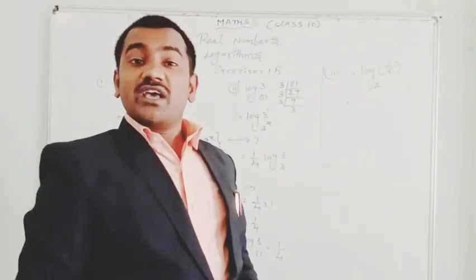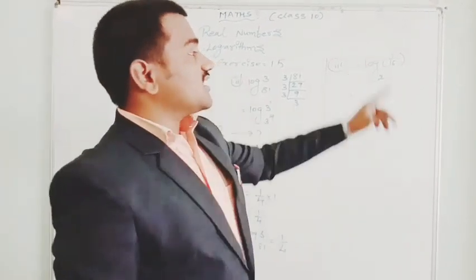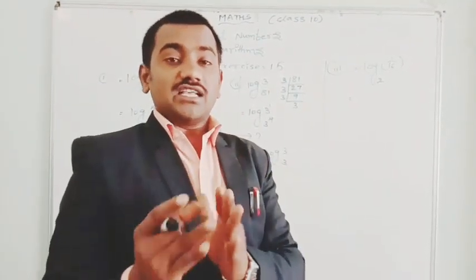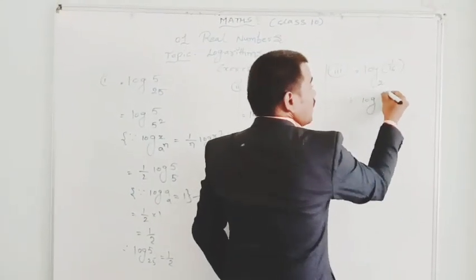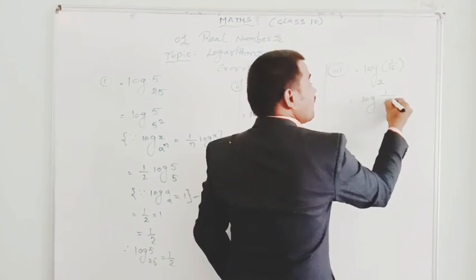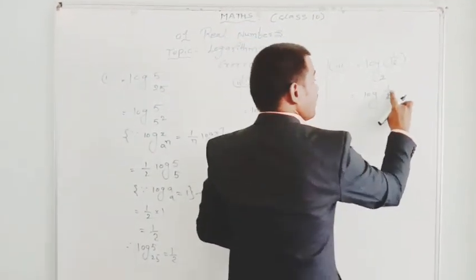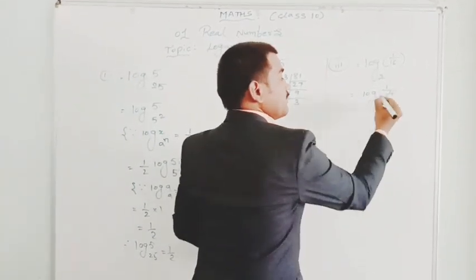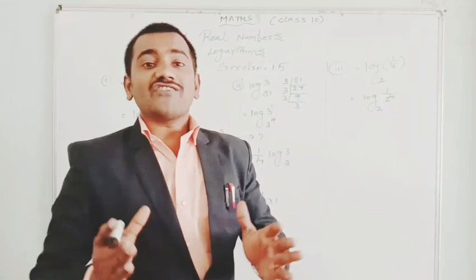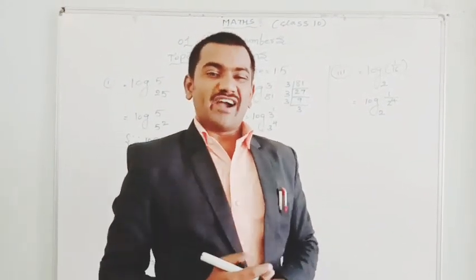Let's think how 16 can be written as a power of 2. Log 1 by 2 to the power of 4, since 2 to the power of 4 is 16. Then here base 2 we write the same. Using the law of exponents formula, 1 by a^n equals a to the power of minus n.